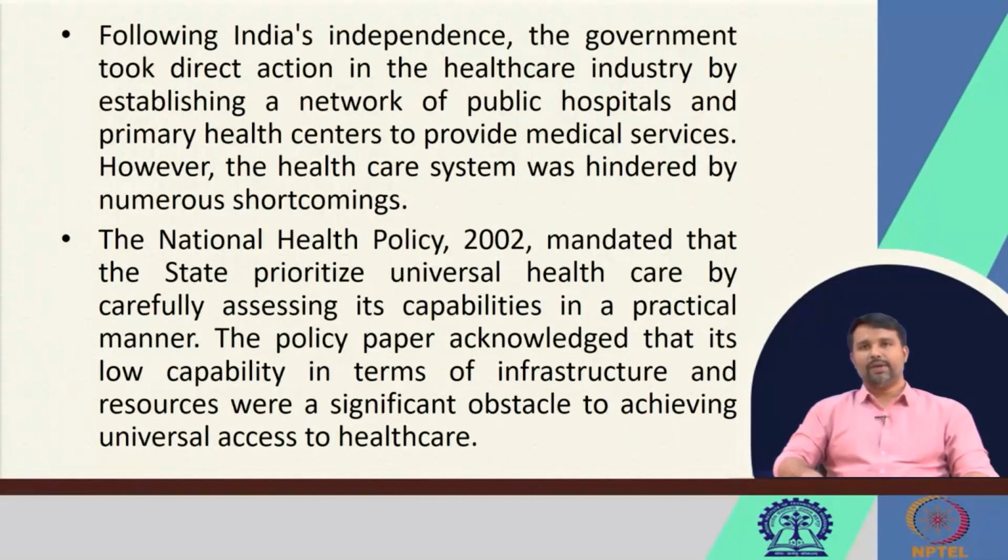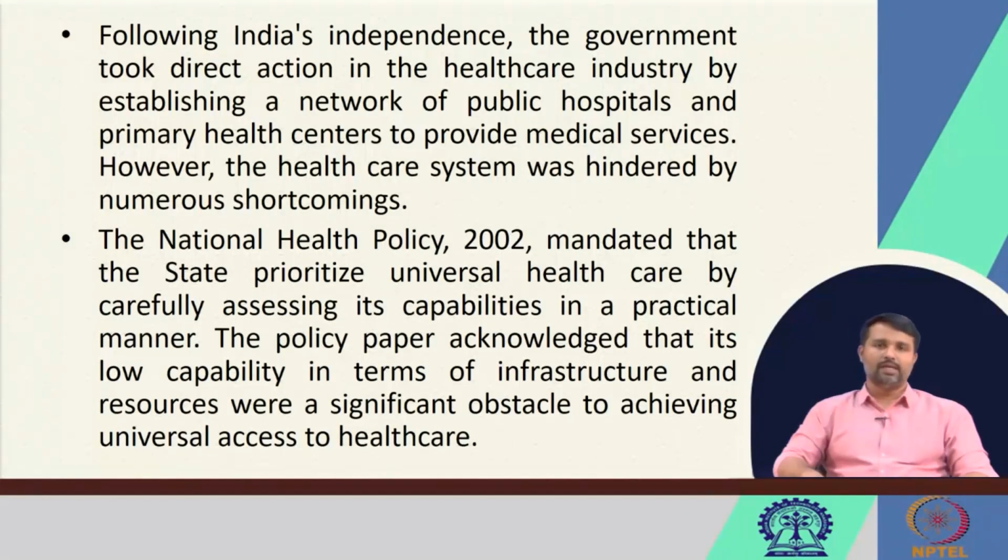Following India's independence, the government took direct action in the healthcare industry by establishing a network of public hospitals and primary health centers to provide medical services. So, initially it was completely government's responsibility to ensure availability of public health facilities to the huge population. However, healthcare system was hindered by numerous shortcomings.